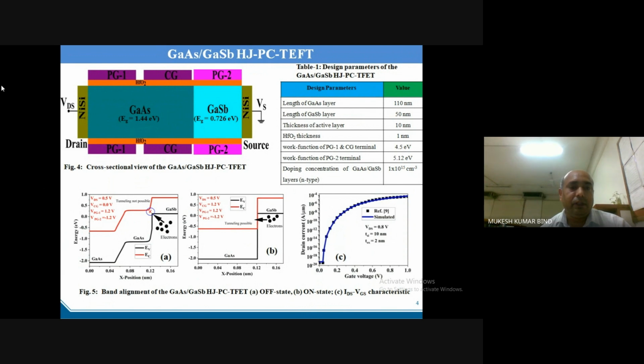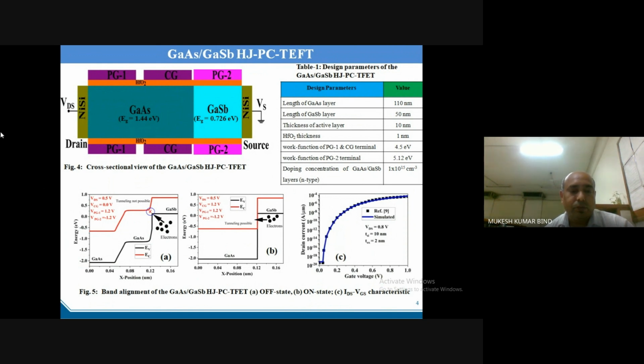PG1 is used for the drain region. When a positive voltage is applied at the PG1 terminal, it develops an N-type region, and at PG2 we apply a negative supply to induce the P-type region.